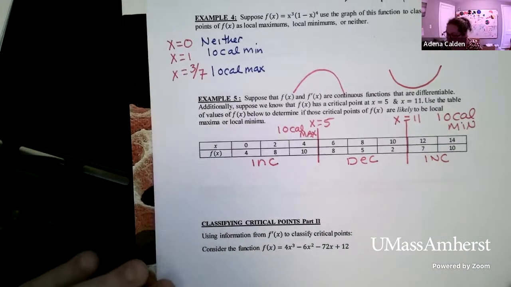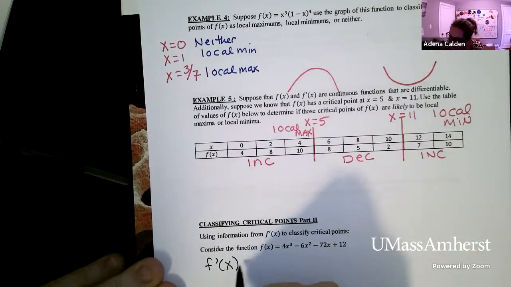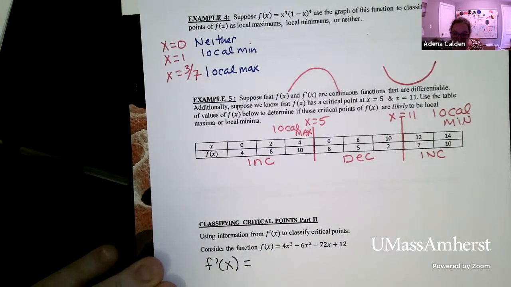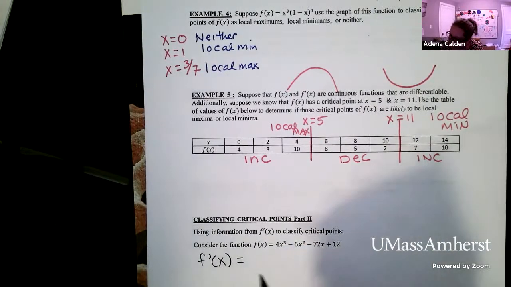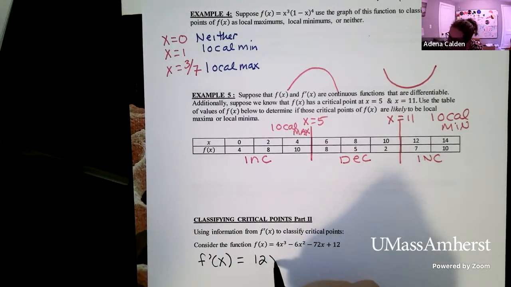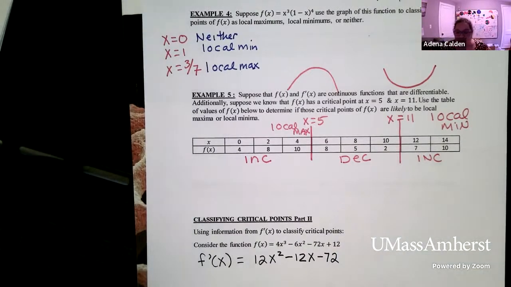We've already done that part last class, but we're going to do it again here because we do need the first derivative for this to work. So when we take the derivative of 4x cubed, we get 12x squared minus 12x minus 72. And then the derivative of 12 is 0 because 12 is a constant.